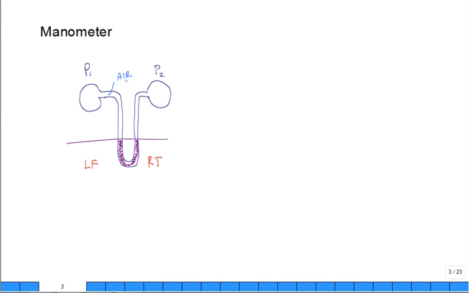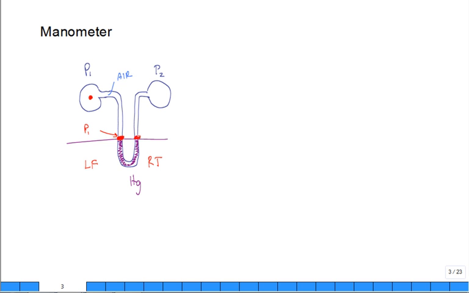Because air is so light and mercury, Hg, is so dense, I neglect the rho GH hydrostatics in the air, and I just say that the pressure right here at the top of the manometer on the left side is the same as the pressure I want to sense, P1.